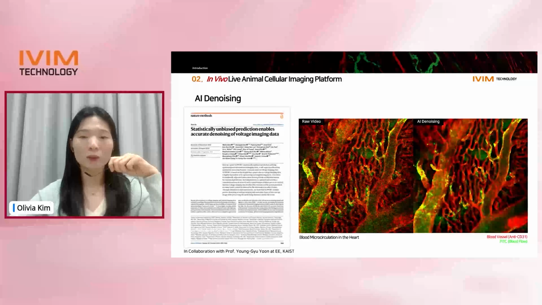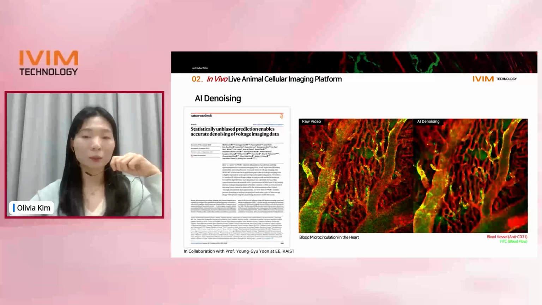To address this, we apply an AI-based denoising algorithm that effectively removes noise while preserving underlying biological structures. As you can see here, comparing the raw video on the left with the denoised results on the right, the vascular structures and blood flow signals become much clearer and more defined.